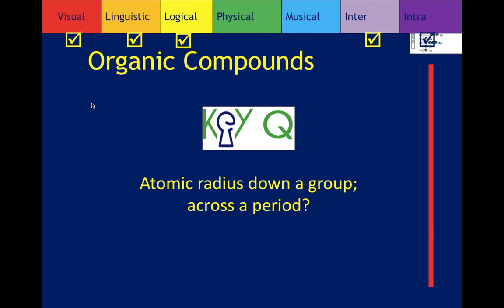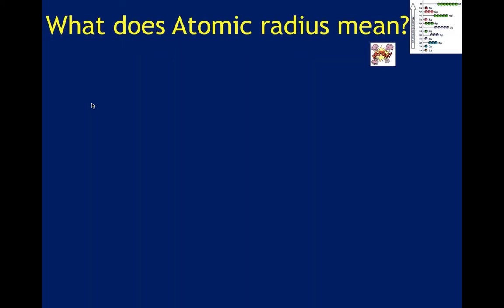So the thing that we're really going to focus on today is what happens to atomic radius down a group and across a period. Atomic radius, in normal person speak, would mean the radius of an atom. So if this is a circle, this is the radius.